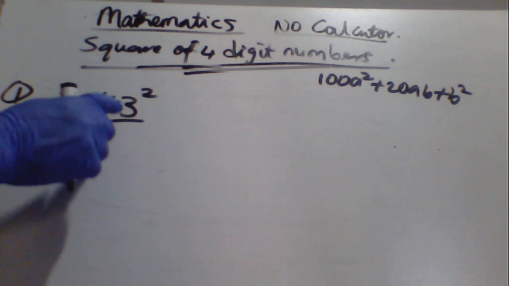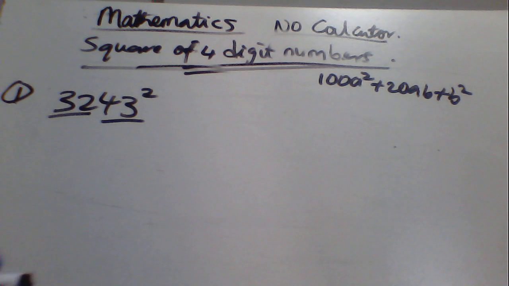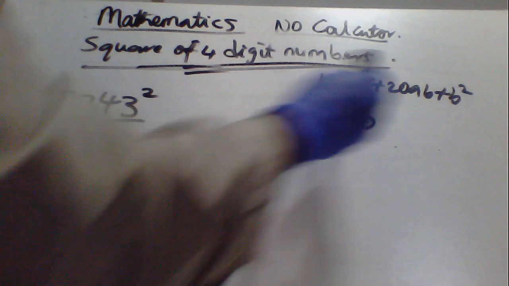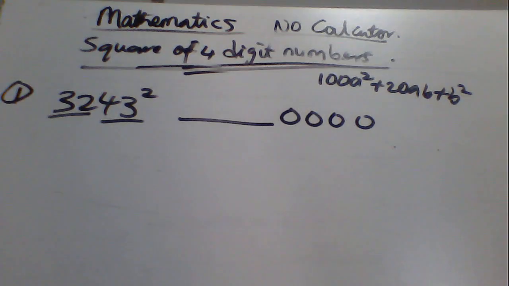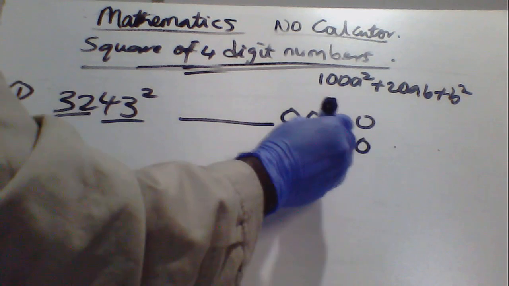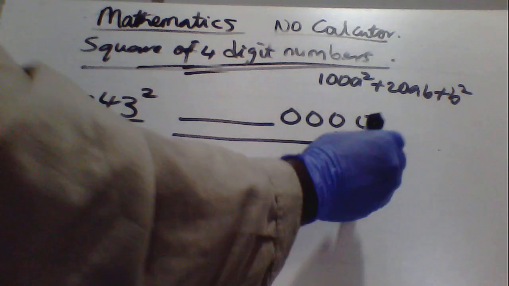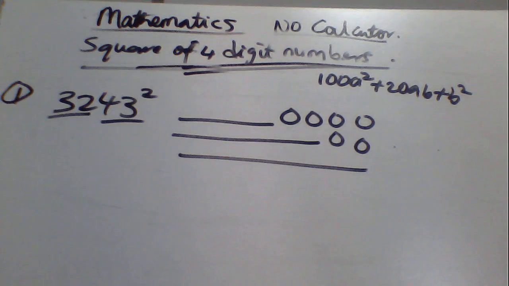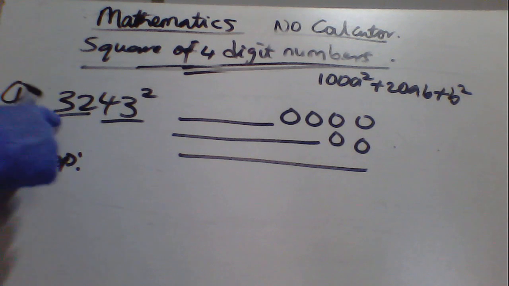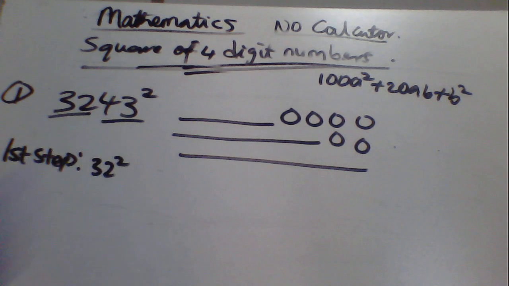Because it is 4, instead of writing 2 zeros as in this formula, you have to write 4 zeros, 0, 0, 0, 0. Put a dash for 4 digits. The second one will be 2 zeros. You put dash, and finally there is no dash. Using the formula, step 1 is to find the square of 32. How do you find the square of 32?